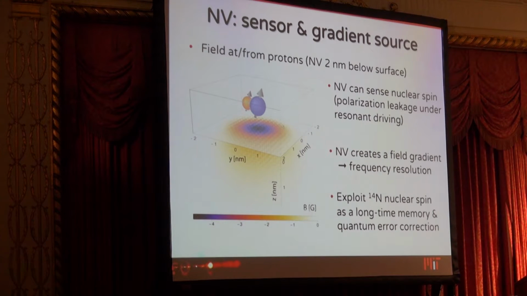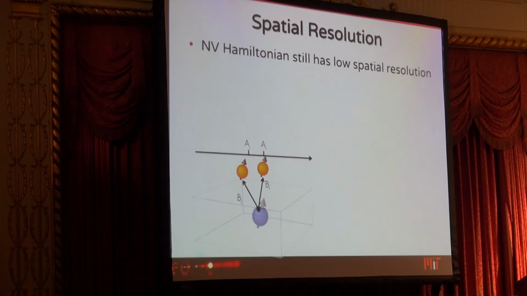So the problem is no longer, or not only, to increase the sensitivity of the NV center sensor, but also its frequency or spatial resolution. So how can we do that? Well, for example, the first thing that you could do is to say I have two nuclear spins which are nearby, their frequencies are very, very close.